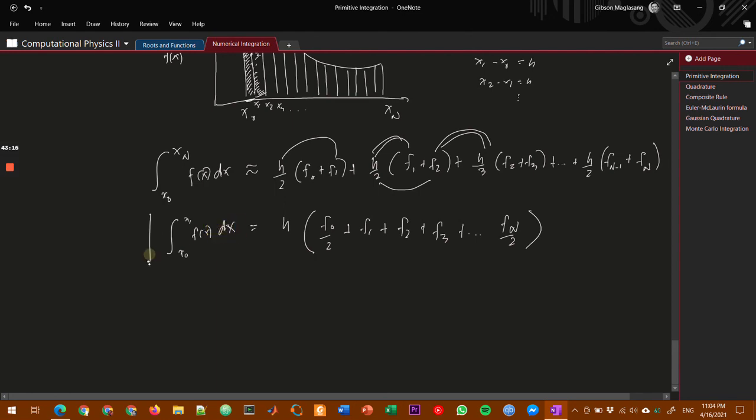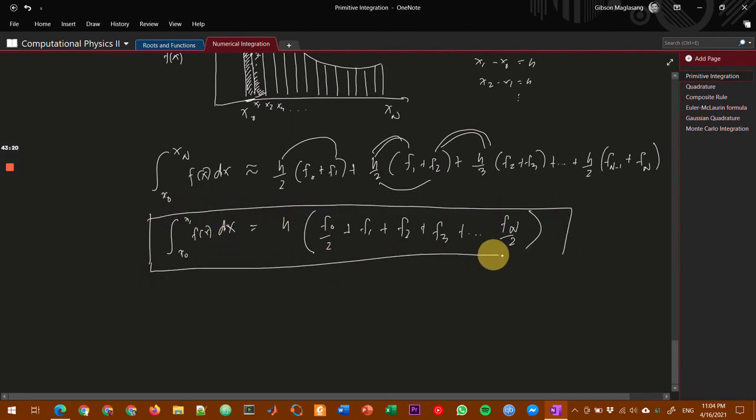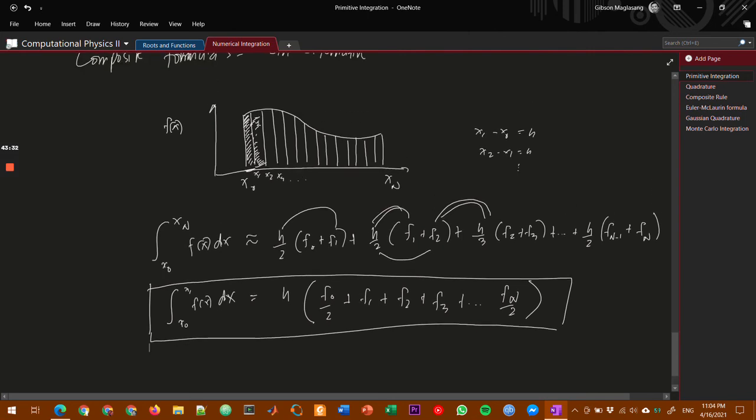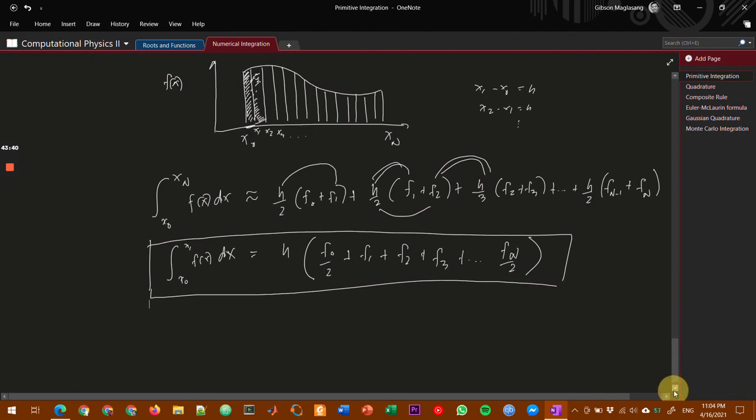Okay. So this is composite rule using trapezoid. Kay mas sayon, and although exact po siya kay i-divide, the more nimo i-divide ang segment into many parts, mas magka-close sa true value ang imuhang result.